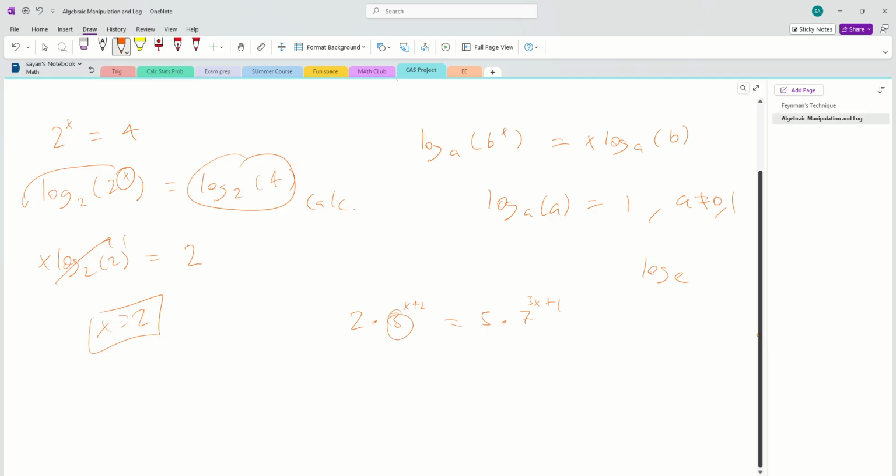In this case, we have 3 and 7. So taking either log base 3 or log base 7, it's not going to help. There's no point. Log base e can be written as ln, or you might see people pronounce it as "lawn". So if you ever heard of ln, that's where it comes from. Anyways, I'm going to take ln on both sides.